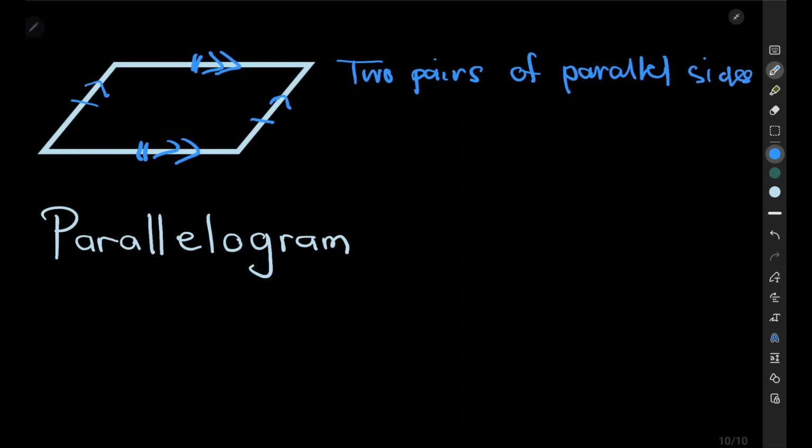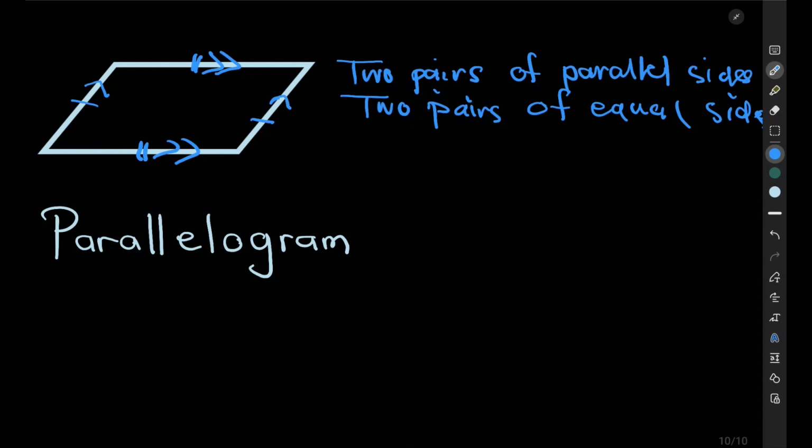The first property as well, as mentioned, is that it has two pairs of equal sides. So let me just fix that. Two pairs of equal sides.